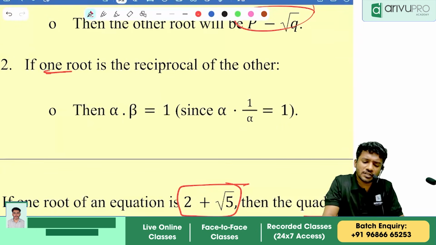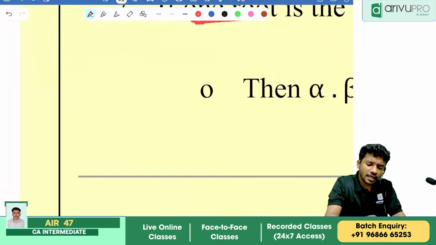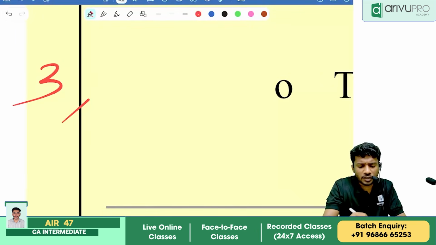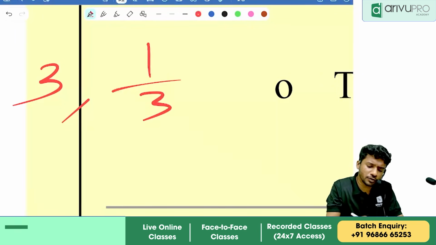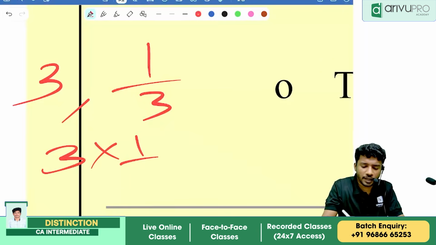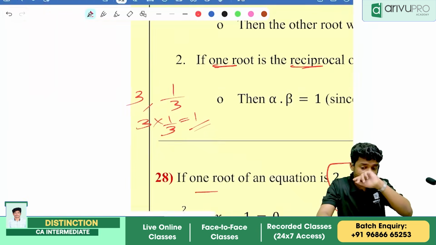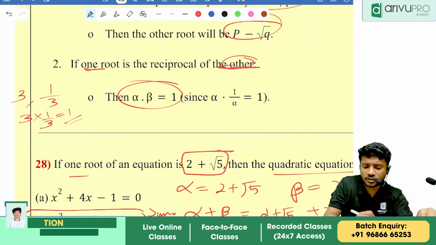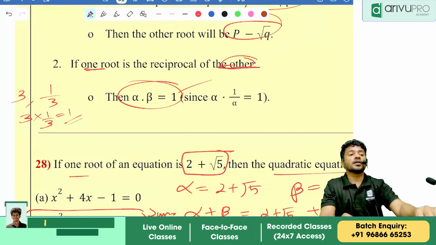Next question, people. If one root is the reciprocal of the other, say one root is 3, the other root is 1 by 3. The product of 3 into 1 by 3 will become 1. If one root is the reciprocal of the other, then the product of the roots will be equal to 1. Remember this.